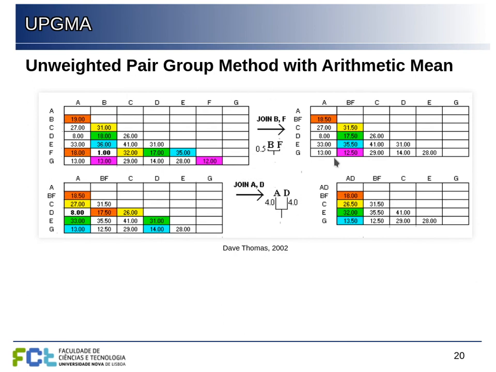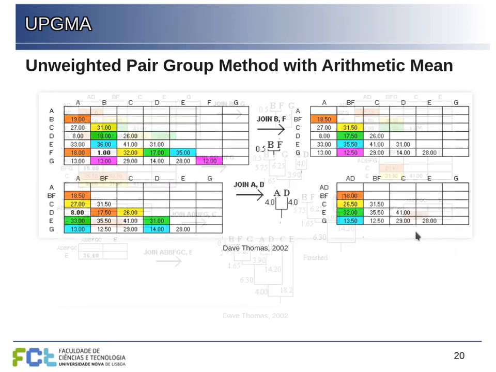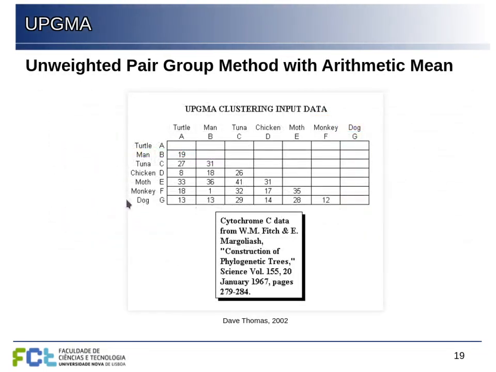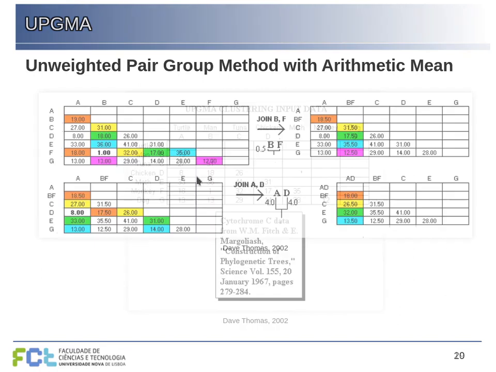So you see, each step we are doing this, we are creating groups and we are reducing the size of the matrix. So we keep doing this and we keep finding new groups. And for example, here in this third stage, we find the smallest one there, which is to include the dog, which is G, in the group that we already had created between humans and monkeys.